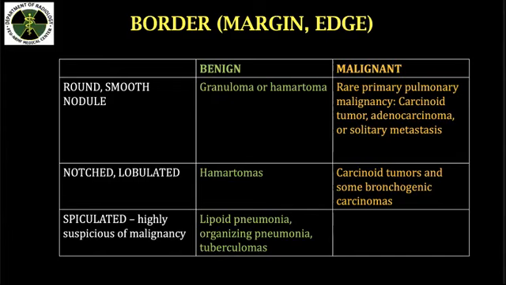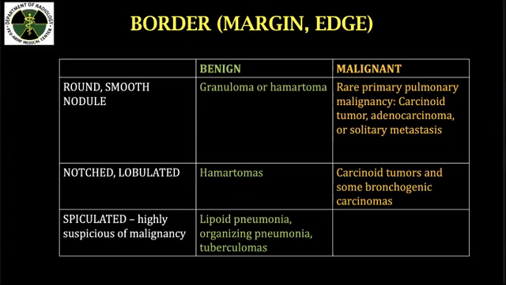If it's lobulated, in benign suspicion, that's more of your hamartomas. But if there is malignant suspicion, it's more of your carcinoid tumors and some bronchogenic carcinomas. Especially in your spiculated, there's a high suspicion of malignancy in these cases. So therefore, you're highly considering malignancy.